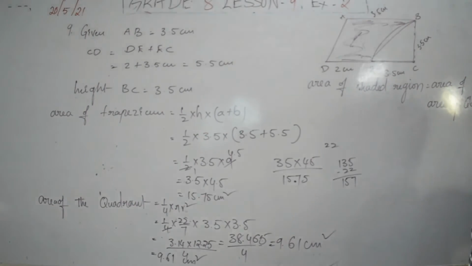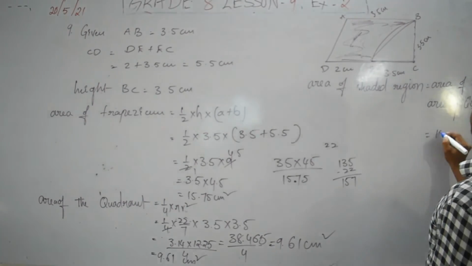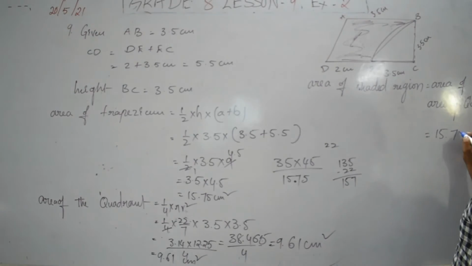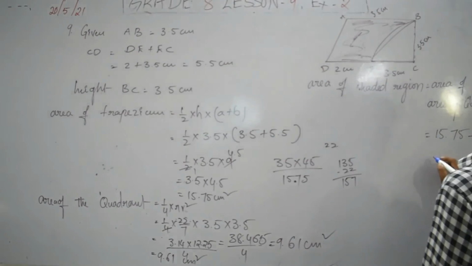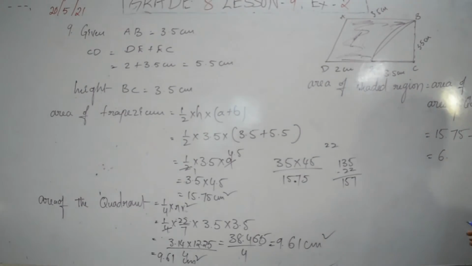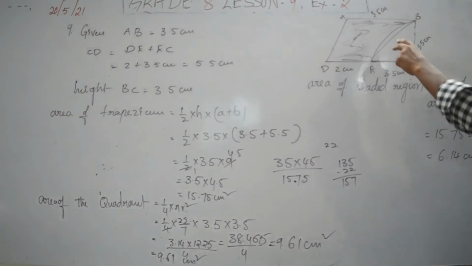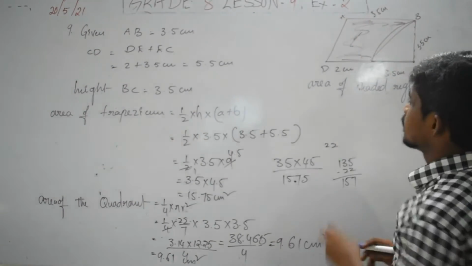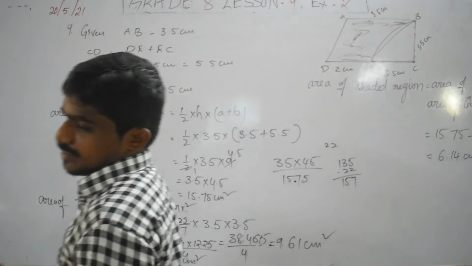So how much? 15.75 minus 9.61 is 6.14 centimeter square. 6.14 centimeter square is the shaded region.